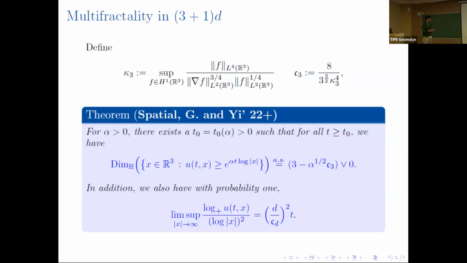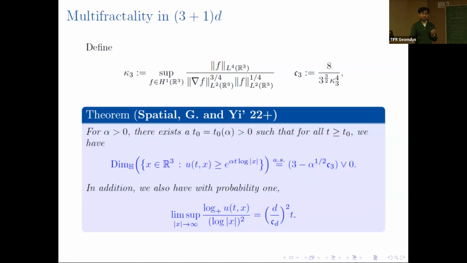Let me say why we haven't gone beyond it, what stopped us from going to the 4+1D case. In this stochastic PDE, there is a hindrance which has stopped us on many occasions, which is criticality.